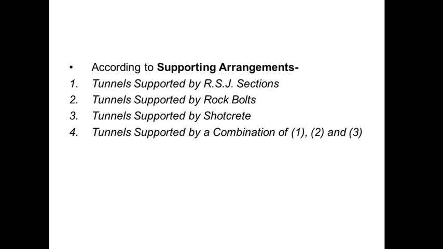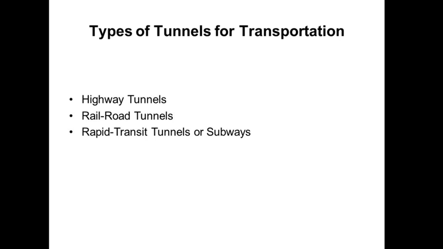That support is called bolt support. So there is tunnel support by rock bolts, tunnel support by shotcrete, and a combination of both. These are the various supporting arrangements in tunnels.